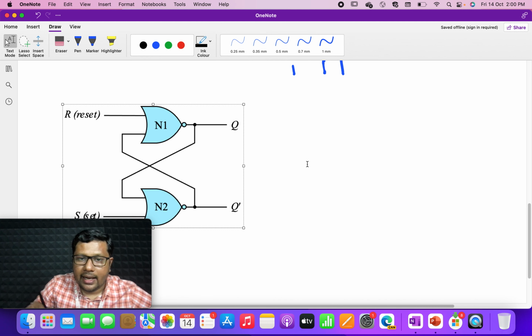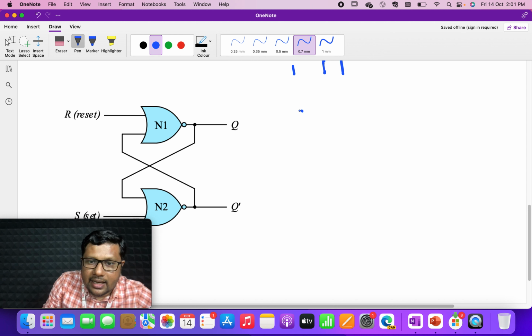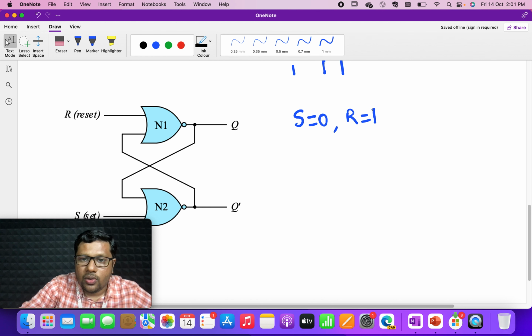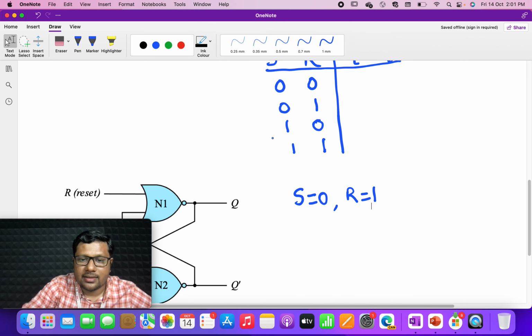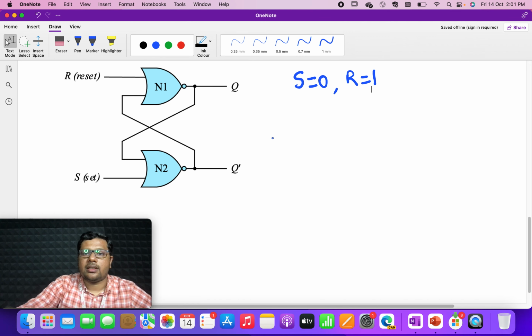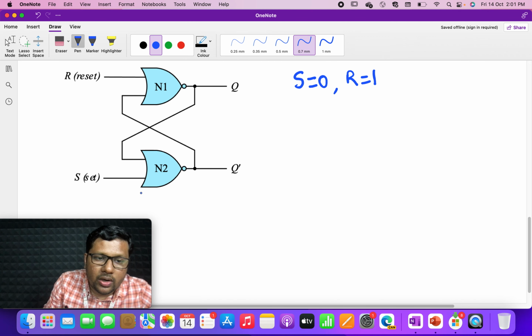First I'll analyze the case where S is equal to 0, R is equal to 1. I'm not going sequentially here, so ideally I should have done this first, but I have taken a small detour. I'll start with this case, then this case, then this case, and then I'll go back to the 00 case.